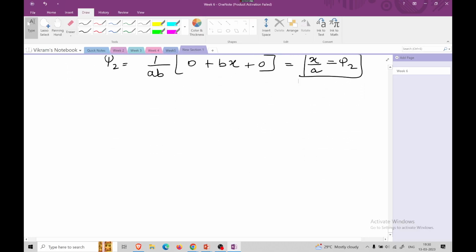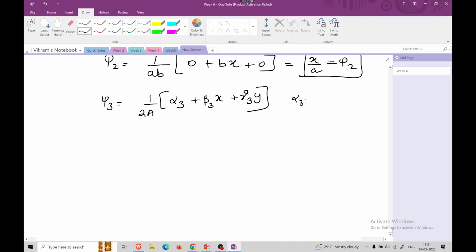Now ψ3. ψ3 is equal to 1 by 2A times α3 plus β3 x plus γ3 y.